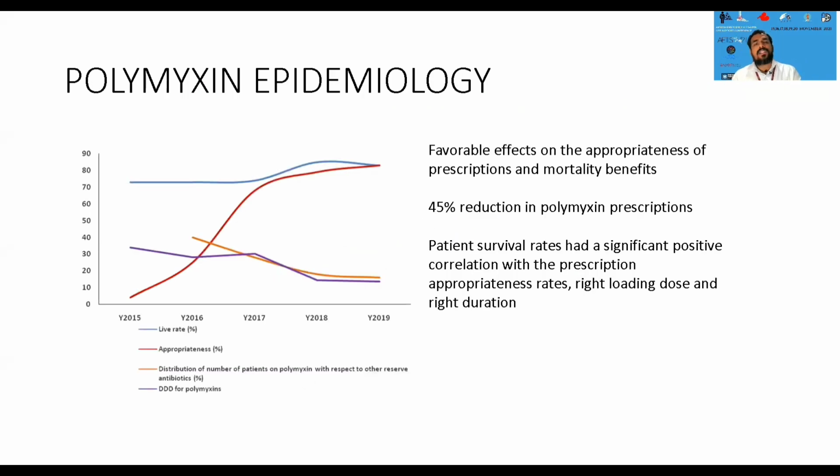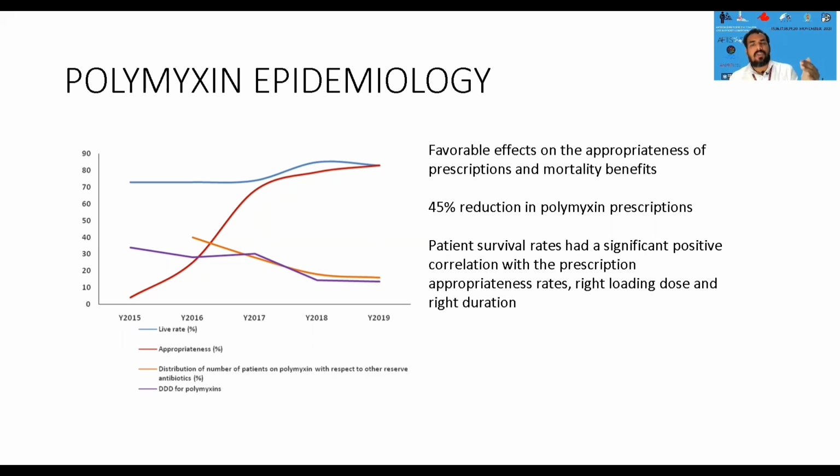This is the polymyxin epidemiology data from our institute, where you can see that there was a 45% reduction in polymyxin prescriptions over the years. And the top line, the blue line, shows that with the reduction in polymyxin prescriptions, there was a favorable effect on the appropriateness of prescriptions and a subsequent mortality benefit.